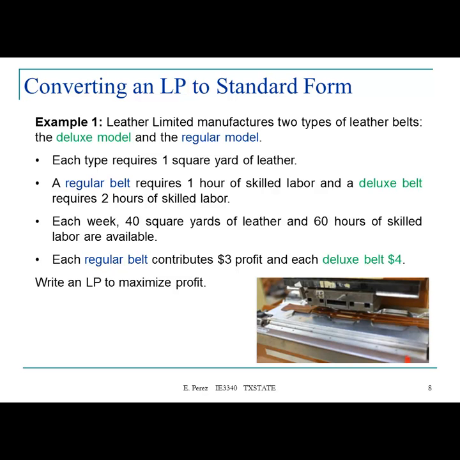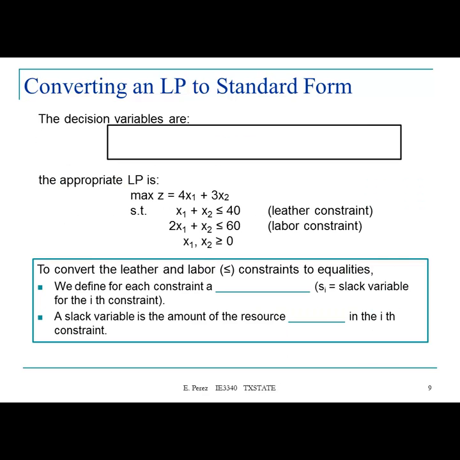So we're going to formulate this problem. We want to maximize our profit, we have two constraints, and our decision variables will be how many of each type of belt to produce. So you have two decision variables related to the type of belt.